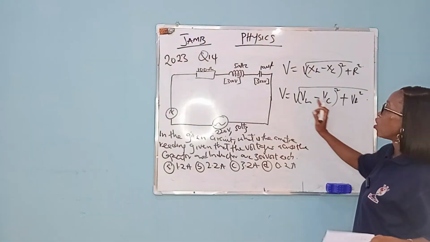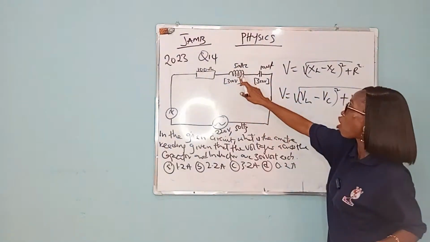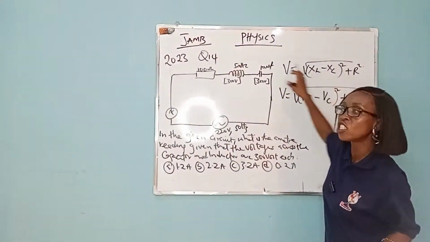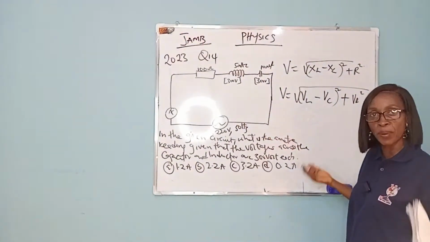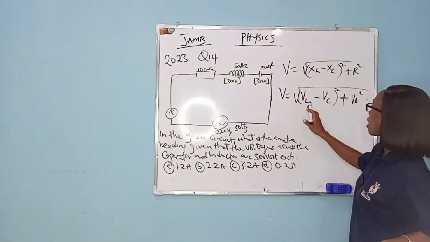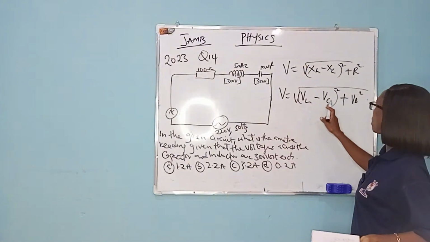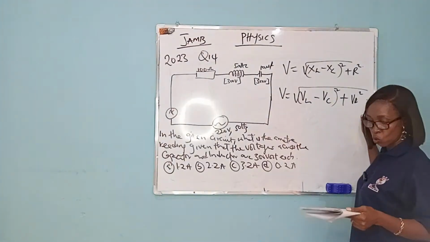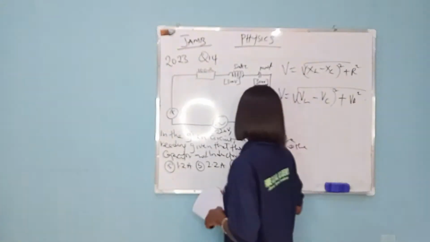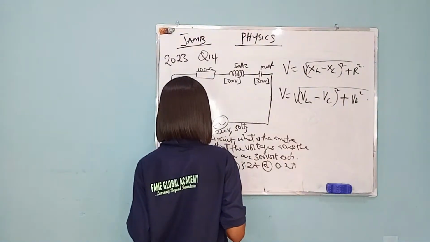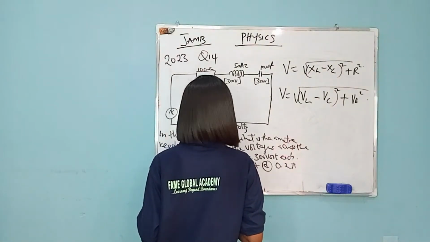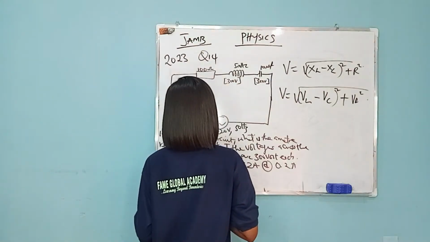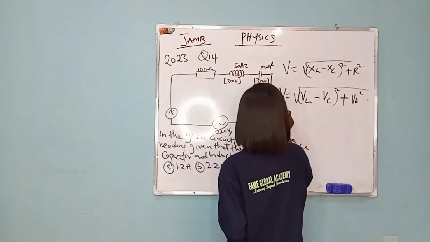So you have resistor, inductor, and capacitor, and the flow of AC through them is what we call the impedance. So you have VL minus VC all squared plus VR squared. And I'm asked to find the ammeter reading. And I'm given my V as 200.